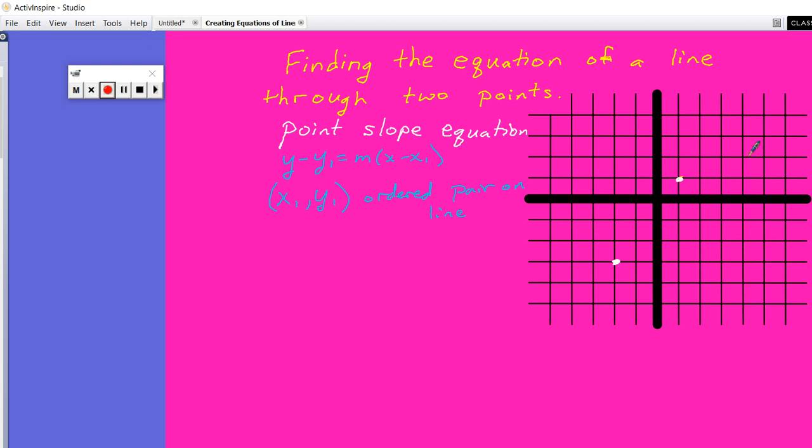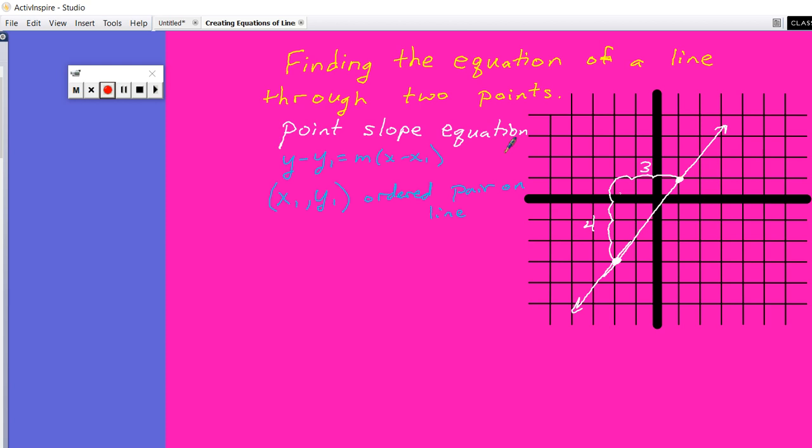So we're given these 2 points. It's nice and convenient on a graph if they are points located like this. If I were to create a line through those 2 points, the slope is 1, 2, 3, 4, because I rise up 4 and I run 1, 2, 3.